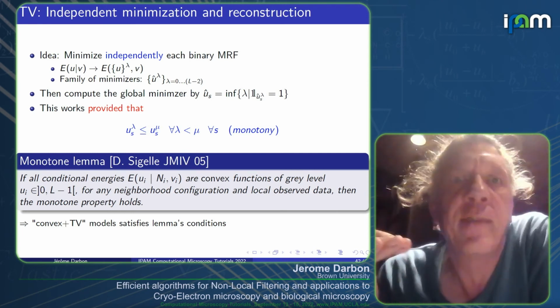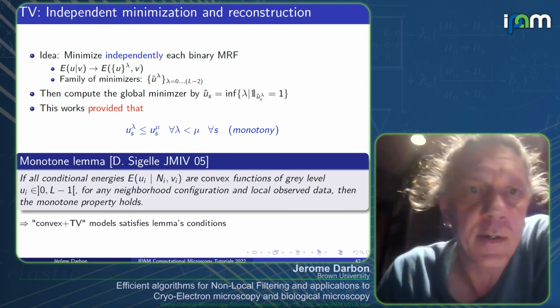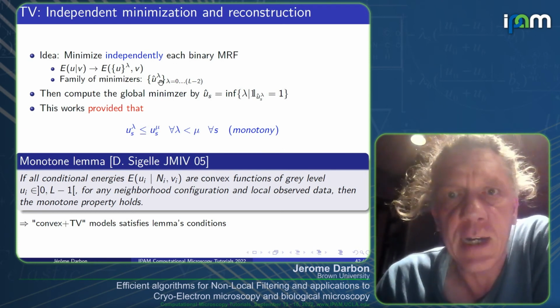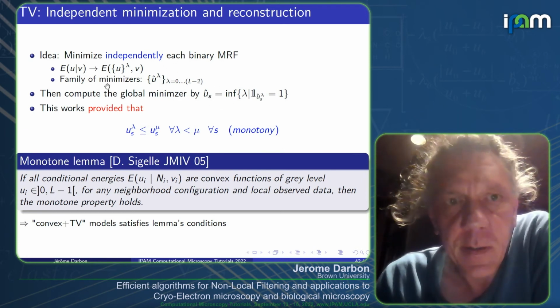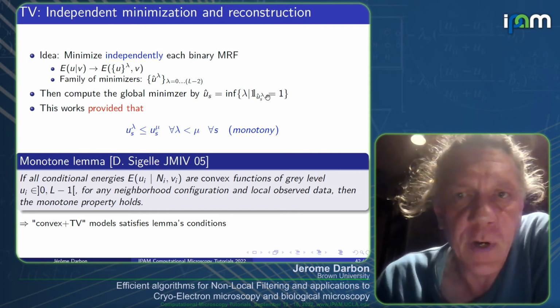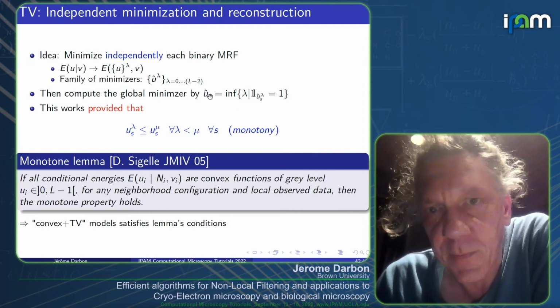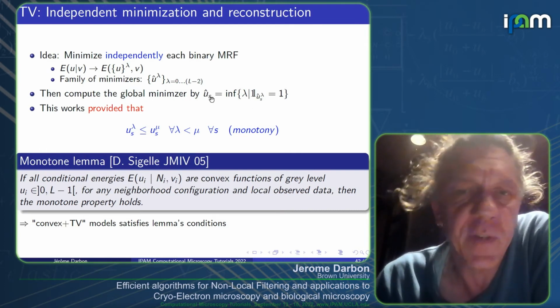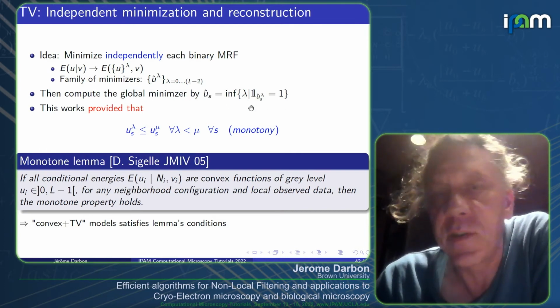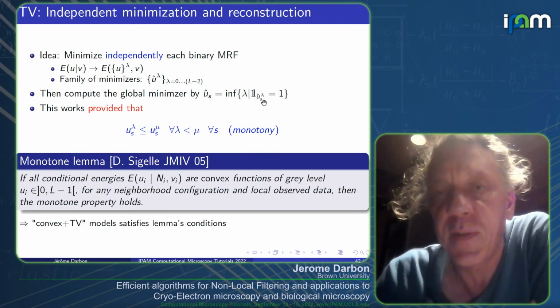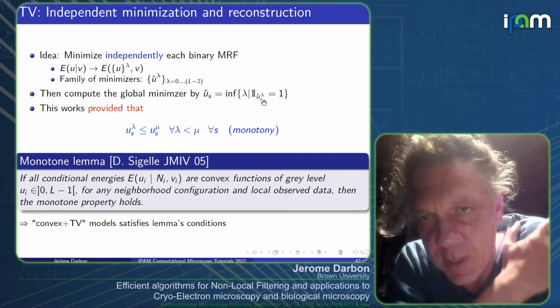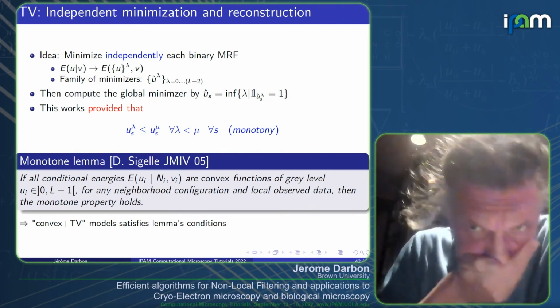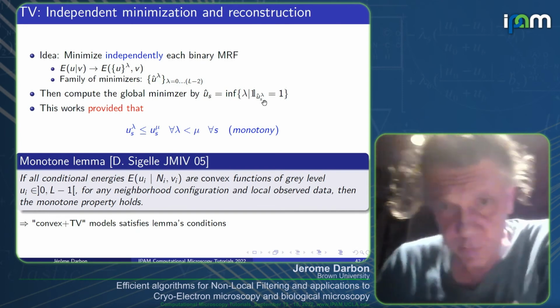I get for each level lambda a binary minimizer that I call U hat lambda. And the idea, if everything works, is to use the following reconstruction formula for defining the solution to the original problem. So essentially, I'm going to use the smallest possible value of lambda such that U hat lambda is 1.